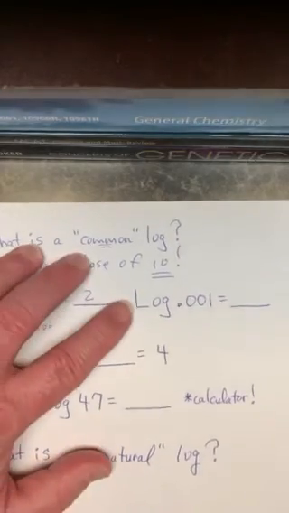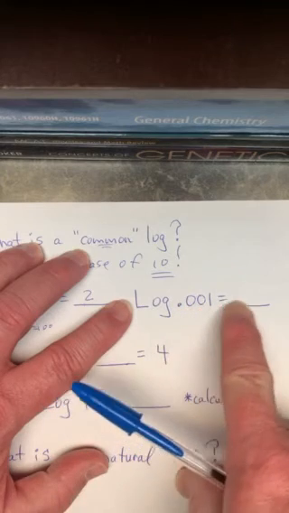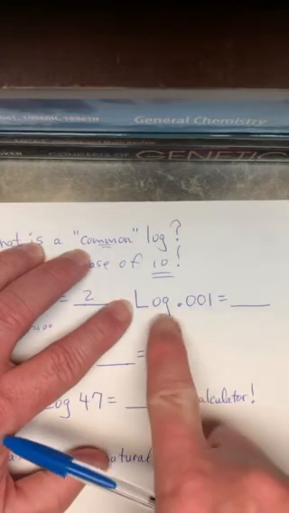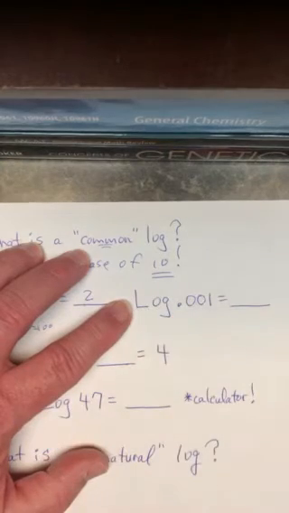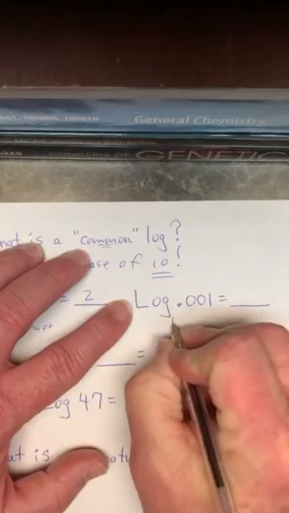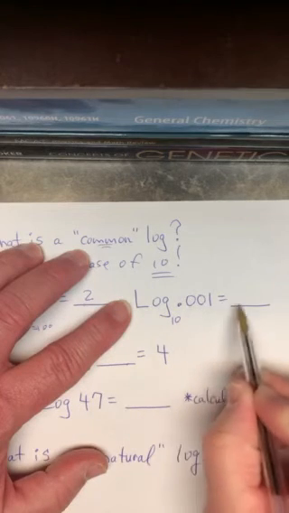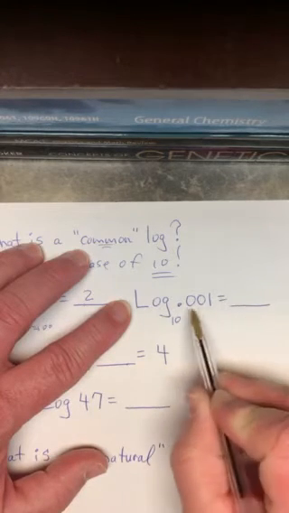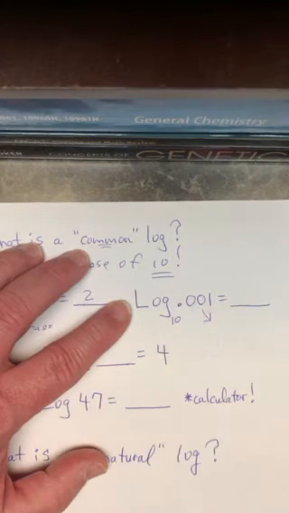Okay, next one. It says log of 0.001 equals blank. Again, this log does not have a base, so it's understood to be a 10. If you want to, you can put a 10 down there. So I'm asking, 10 raised to what power gives me 0.001? Well, guys, think back to 6th grade math when you learned decimal places.